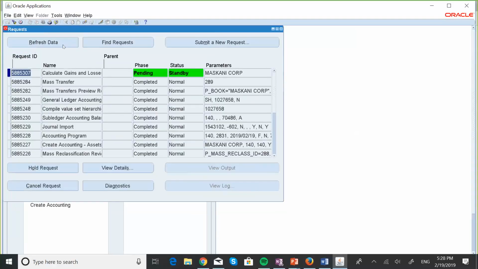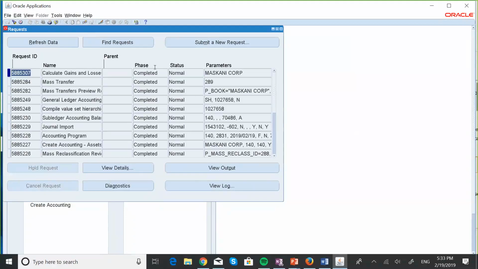So we shall wait for this to complete, and then we shall create accounting, and we will see the accounting that is associated with retirement. So gains and losses has completed. Now we can go and create accounting.